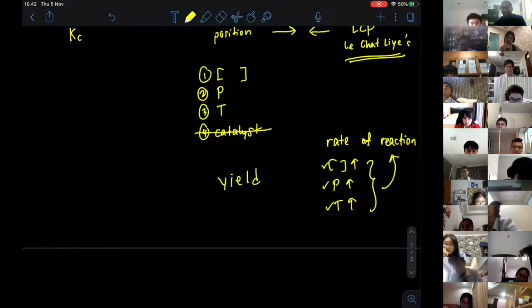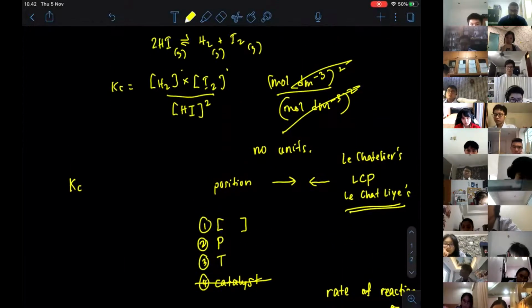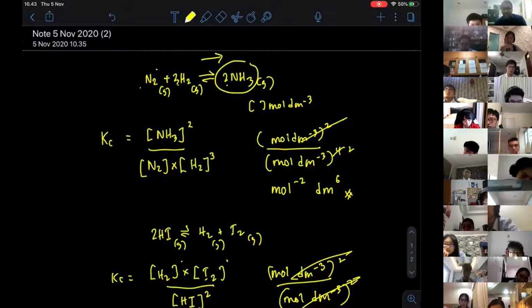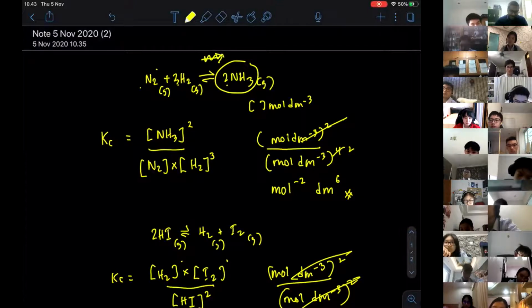Production. So the production might be less. For example, if you want to produce ammonia, this is the product yield. If you want to produce more ammonia, it means the position of the equilibrium must be shifted to the right. But sometimes the position of the equilibrium can be shifted to the left.